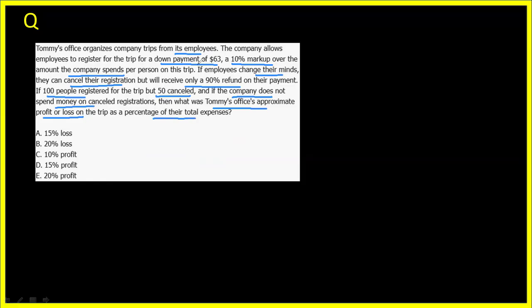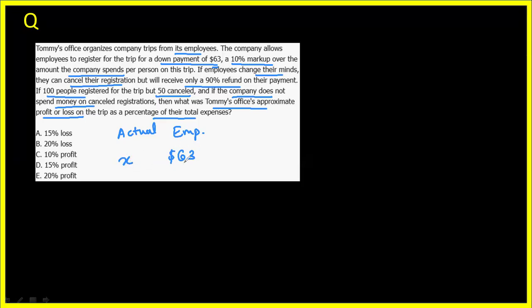Now, how much is the employee paying? The employee is paying $63. And how much is the actual cost of the ticket? How much is the company actually spending? Let's say the company is spending X. That means 63 is 10% more than this value, right? It's a markup.